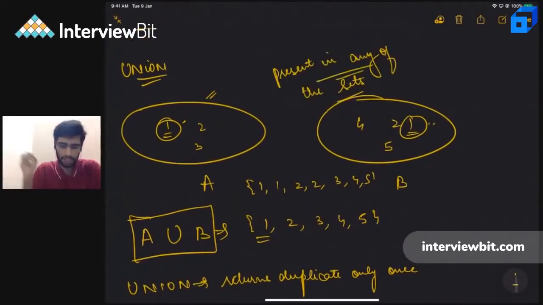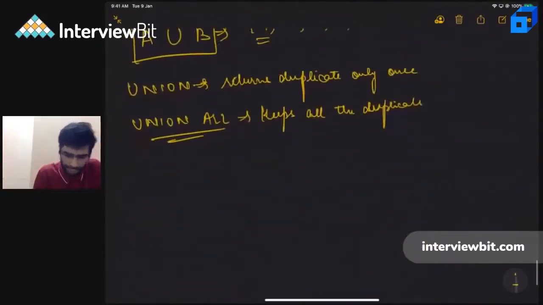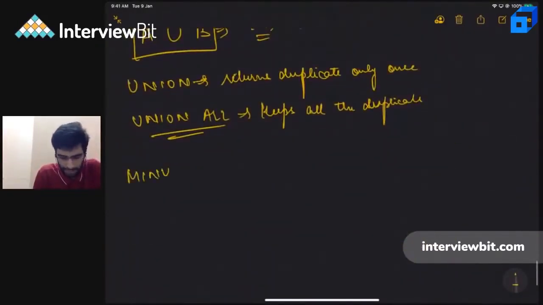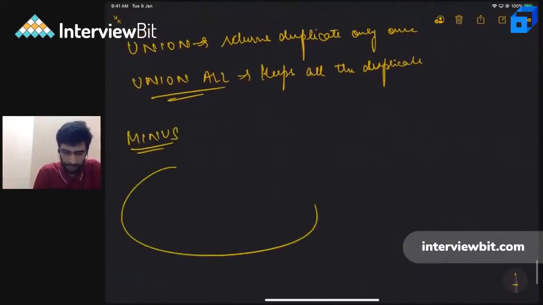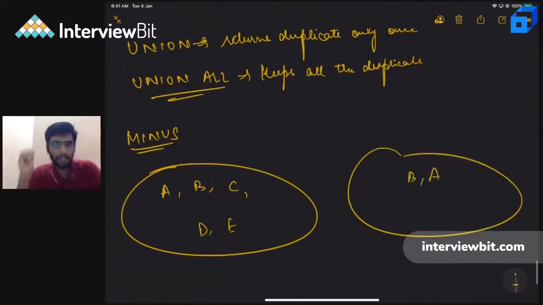Okay, now what is minus? I tell you that I have some things in this particular system, let us say A, B, C, D, and E. I tell you that you need to return everything that is here, but should not be here. So what will you return?